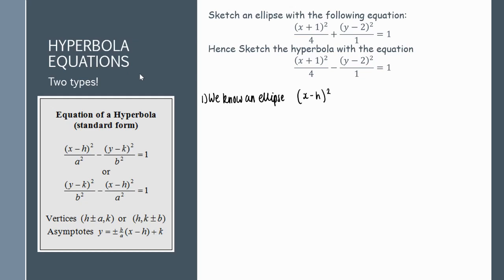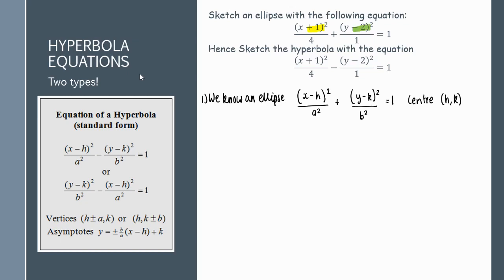So generally speaking, we know a few things about the equation of an ellipse. An ellipse of the following form will have center h, k. So if we look at our original ellipse, we have x plus 1 or x minus minus 1.